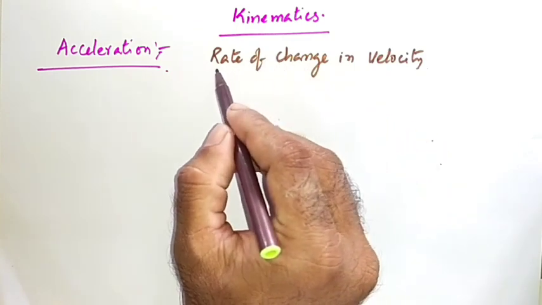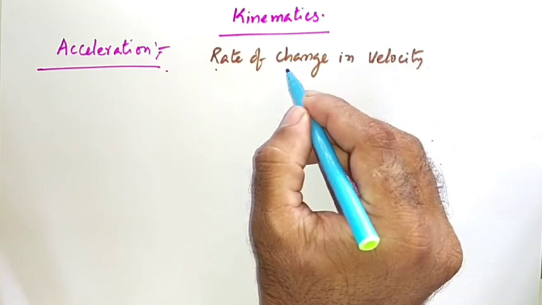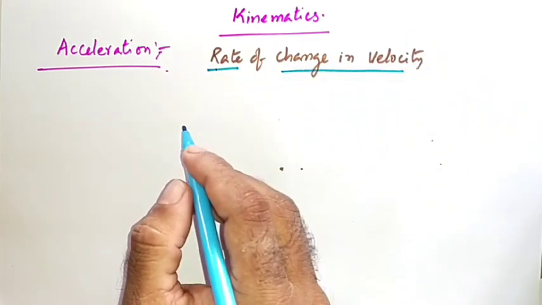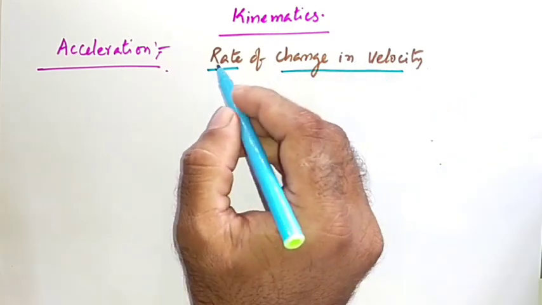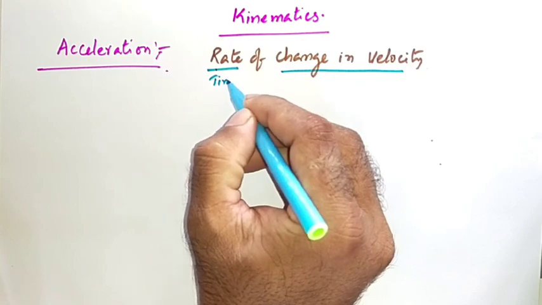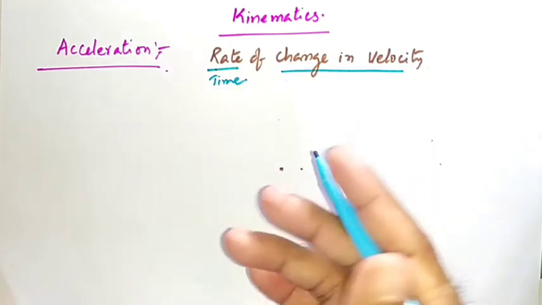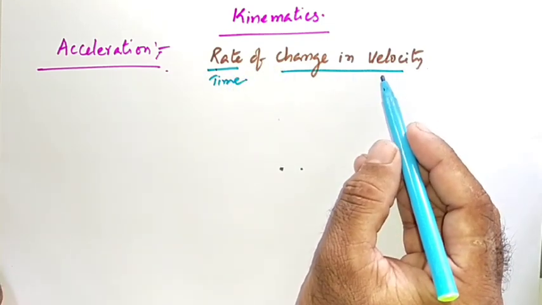Here two things are there: one is a change in velocity, and the other is the rate. With respect to what are we identifying the change in velocity? With respect to time. So that rate is time rate. Time rate of change in velocity, or simply rate of change in velocity, is acceleration.